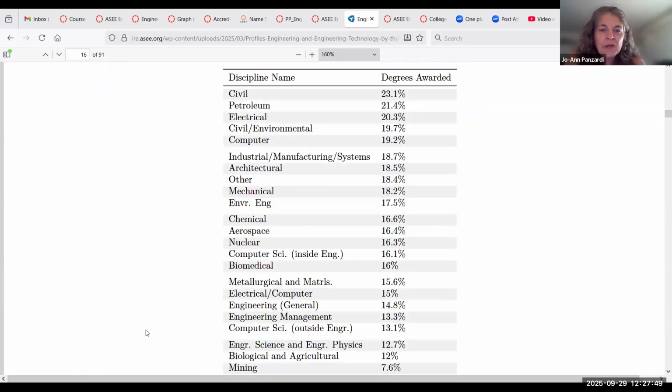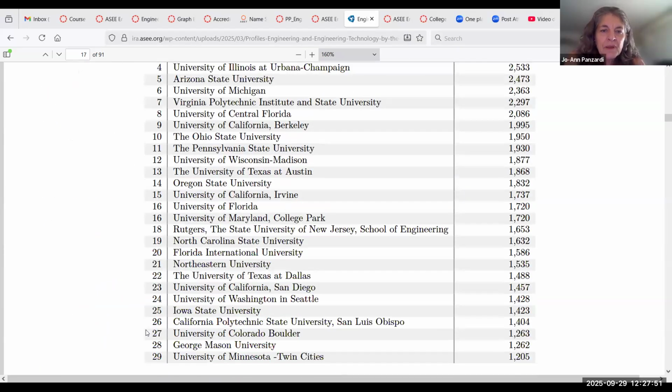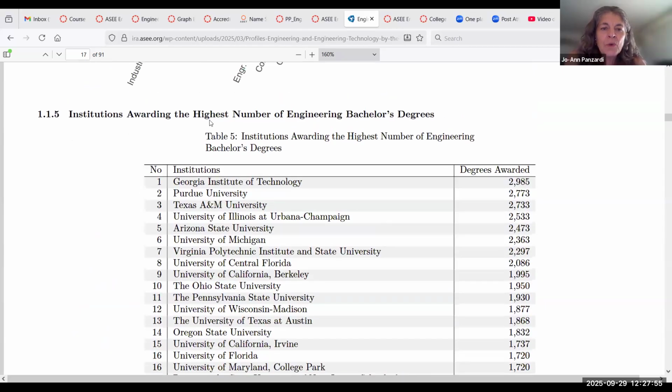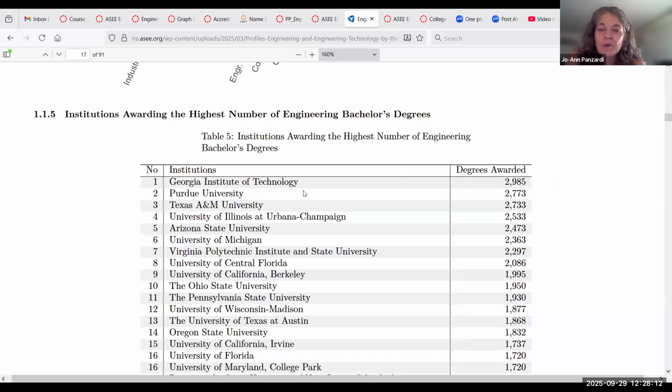Okay, let's see what else. Okay, Institute awarding the highest number of engineering bachelor's degrees. What is this saying? Georgia Tech has a huge engineering program. They offer almost 3,000 degrees in engineering. Purdue, and this is all, remember, bachelor's degrees. Purdue is huge.